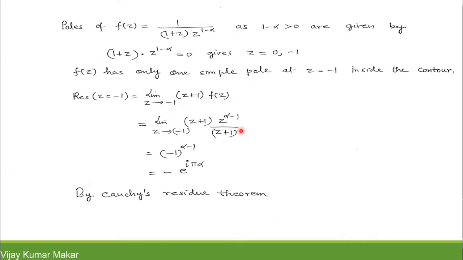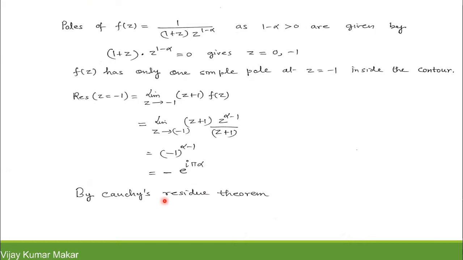We put the value of z plus 1, z raised to power alpha minus 1 upon z plus 1, and we get minus 1 raised to power alpha minus 1, and minus 1 is e raised to power i pi alpha. So when we calculate this value, we get minus e raised to power i pi alpha.